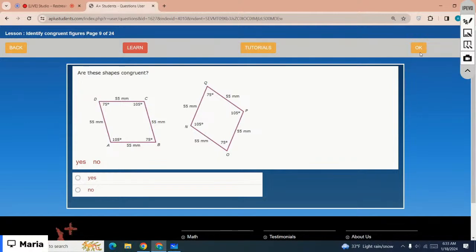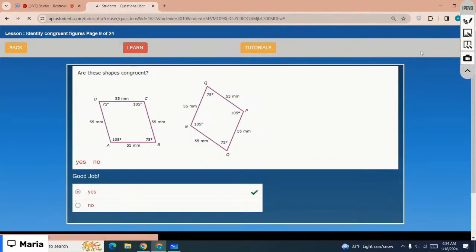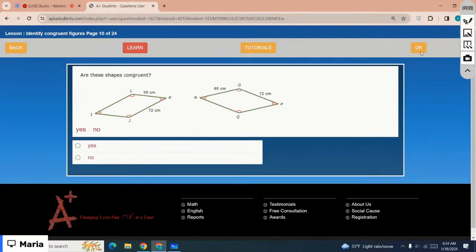Are these shapes congruent? Yes, they are congruent. The correct option is yes. No, they are not congruent.